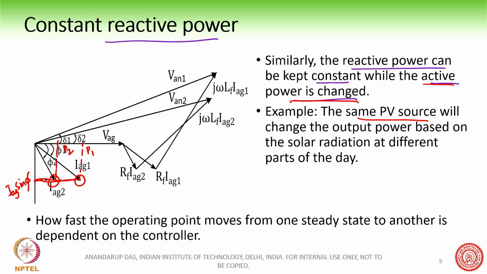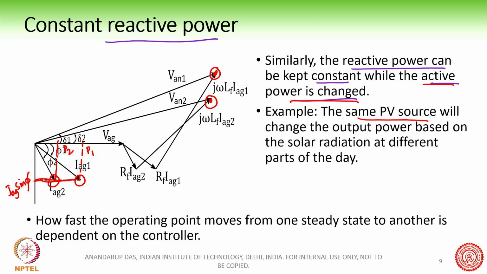If we analyze that change in the phasor diagram, we will see the changes, and this can again be achieved like so. This was the VAN1 point and this is the VAN2 point. So we have changed the tip of the phasor from VAN1 to VAN2. We have moved the phasor and changed the phasor length.